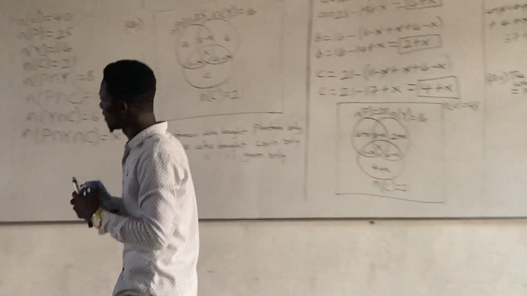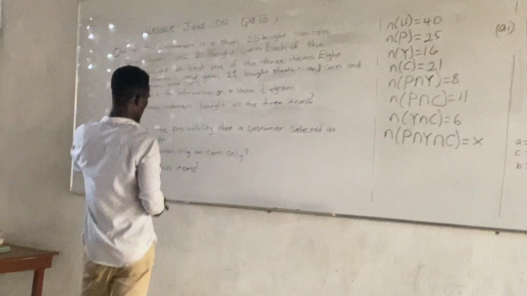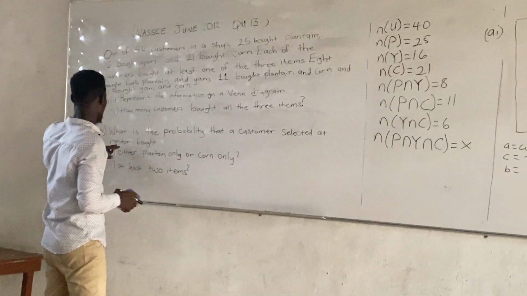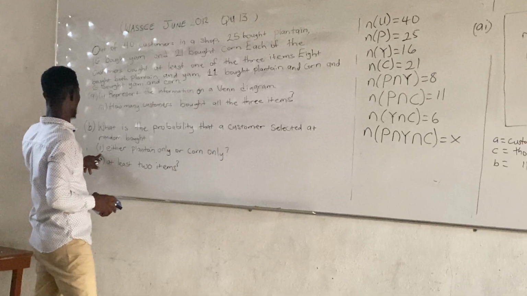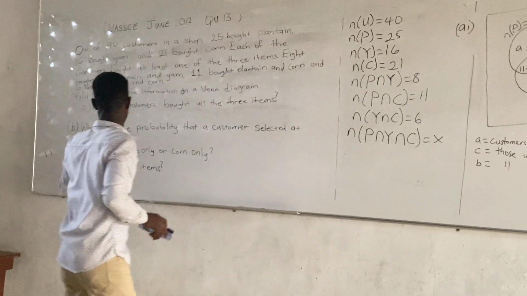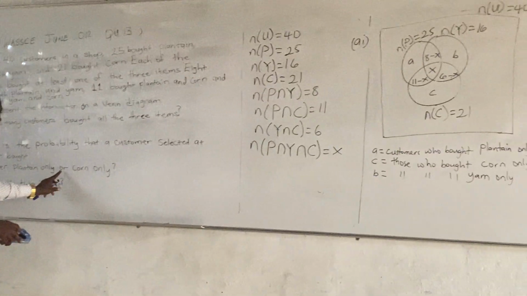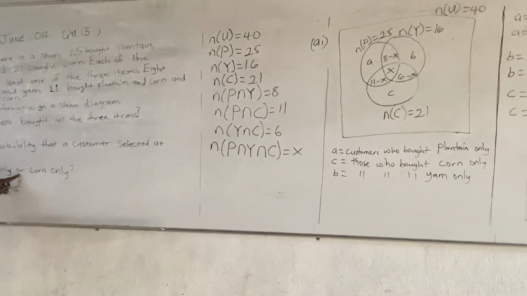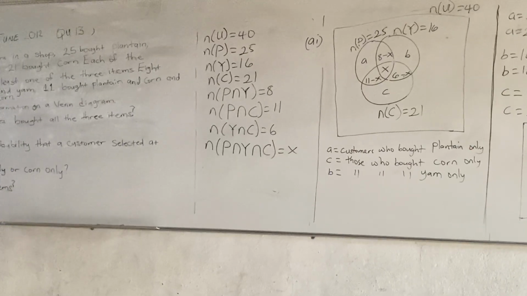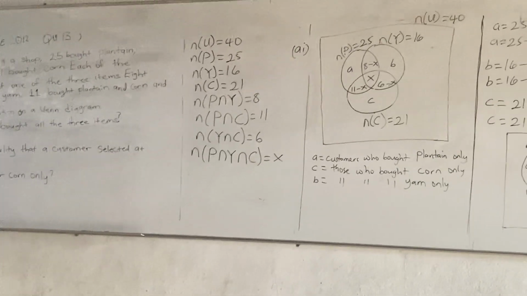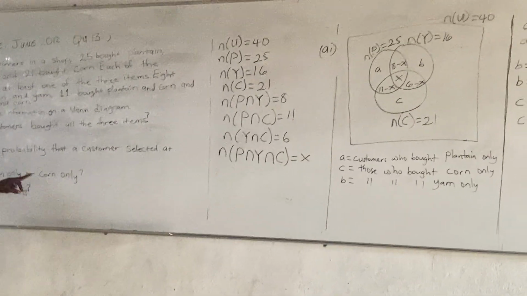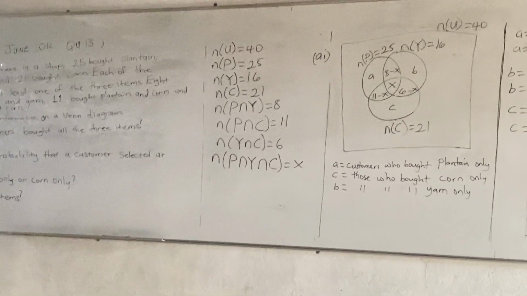Then we go to B. B said, what is the probability that a customer selected at random, but under B you get Roman number 1, bought either plenty une or con une. Now union means to put together. So you need to find the number of customers that bought plenty une and also con une, and then add them together.